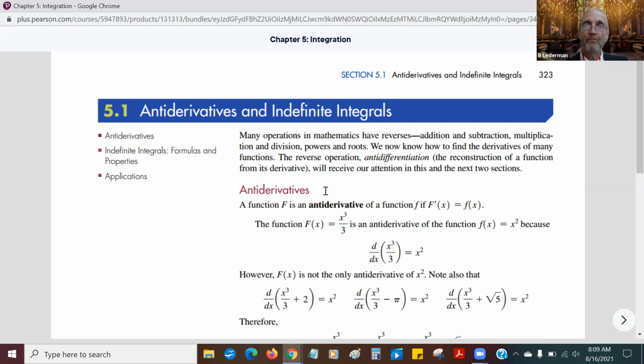A function capital F, using the capital letter just to distinguish, is the antiderivative of a function small f.